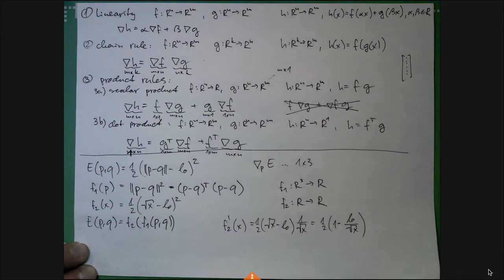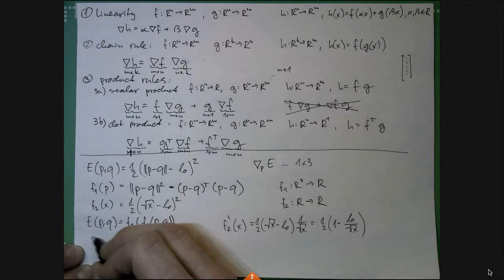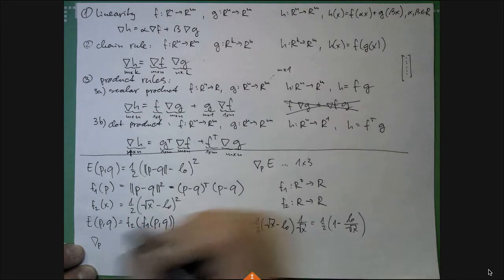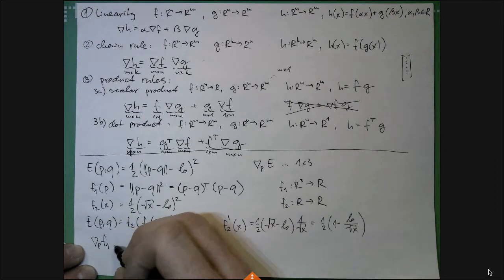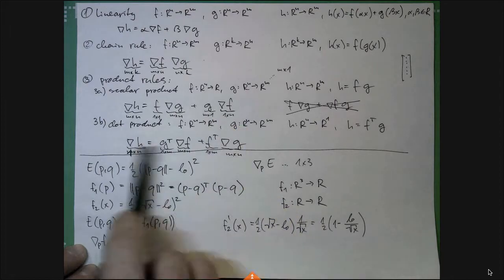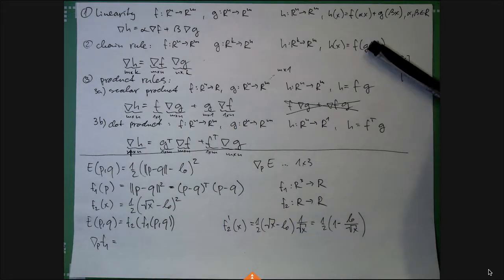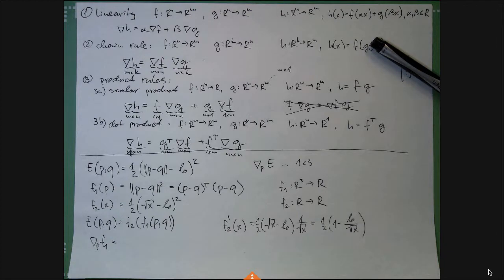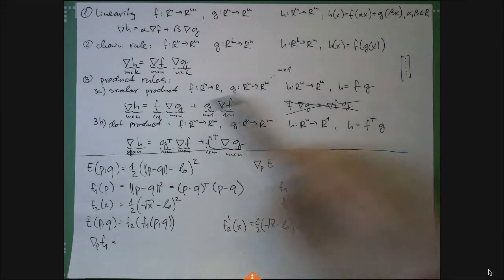Let me also prepare the gradient of f1. Here it's sort of silly, but we can already apply the dot product rule. It's such a simple multivariate function that you could also see it directly. But as an exercise, we can just apply this rule.